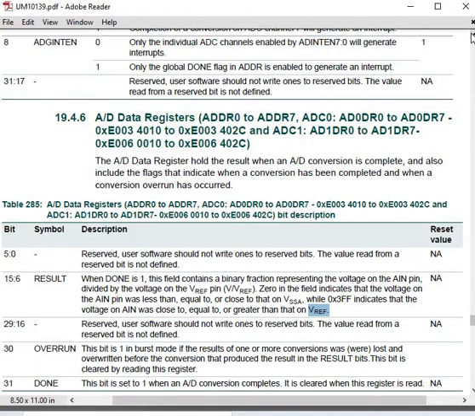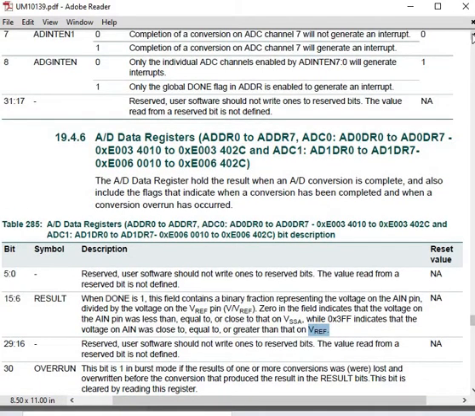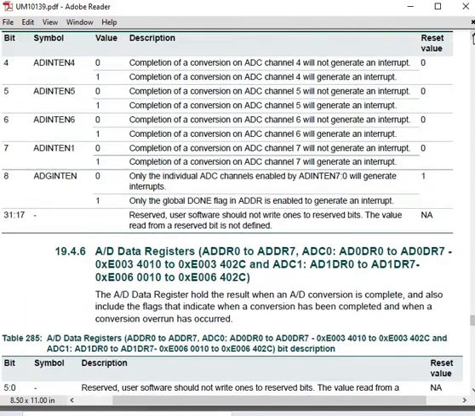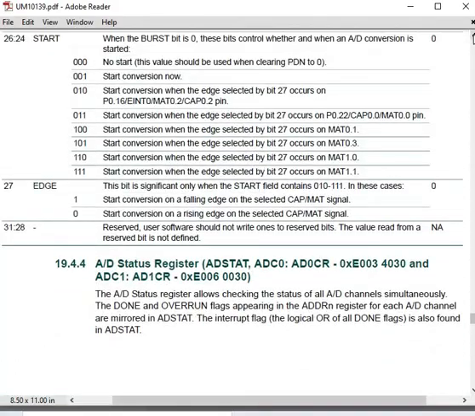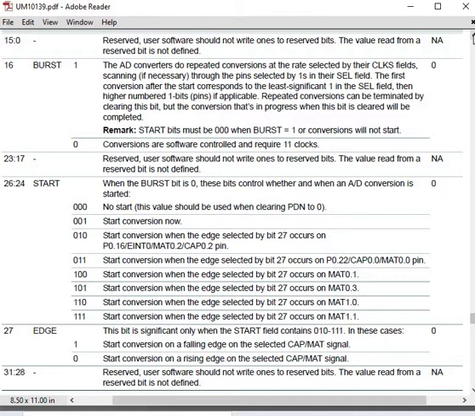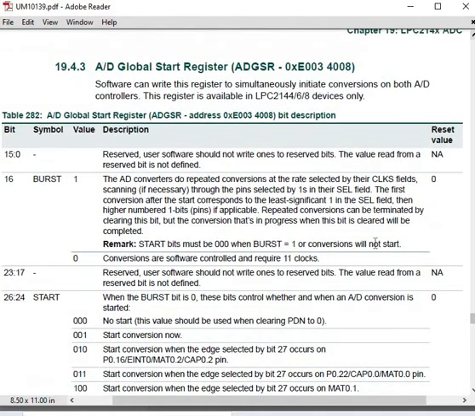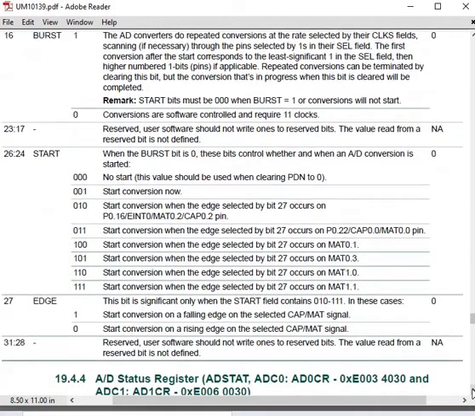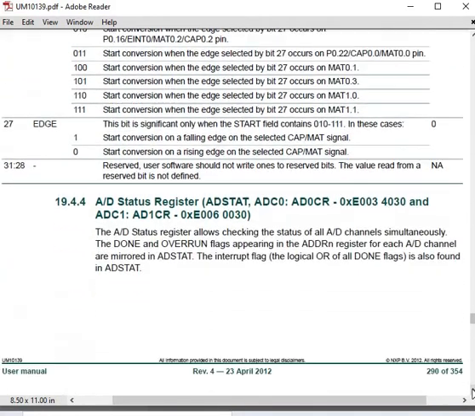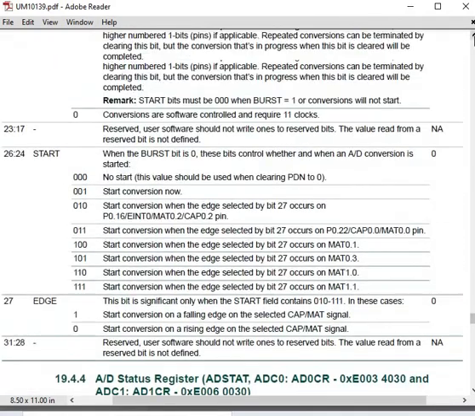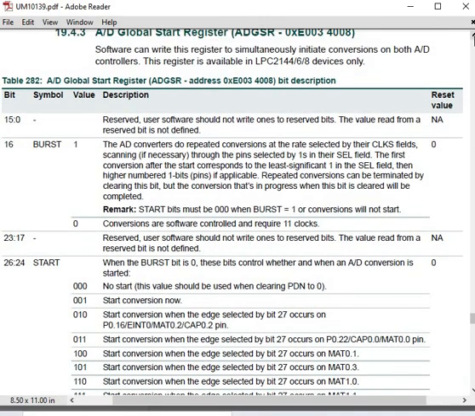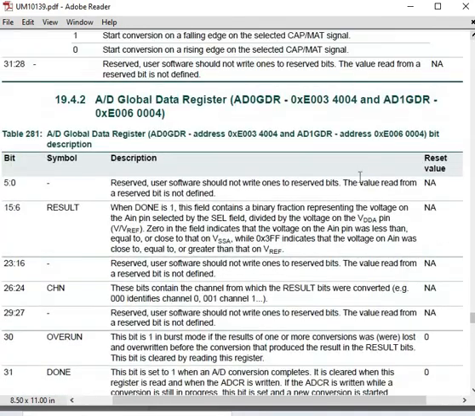The same bits can be found in the global data register of the LPC2148.